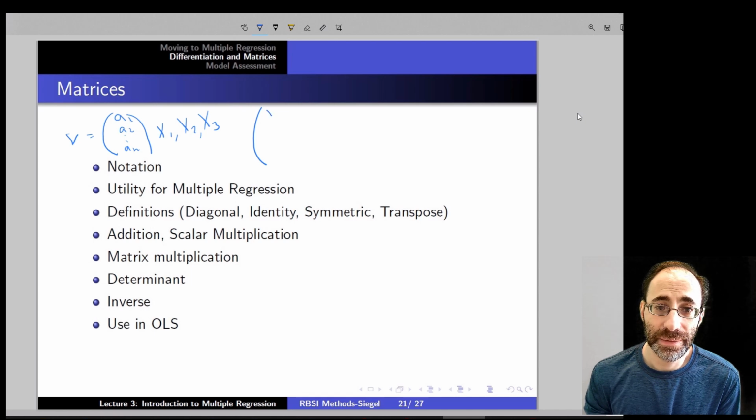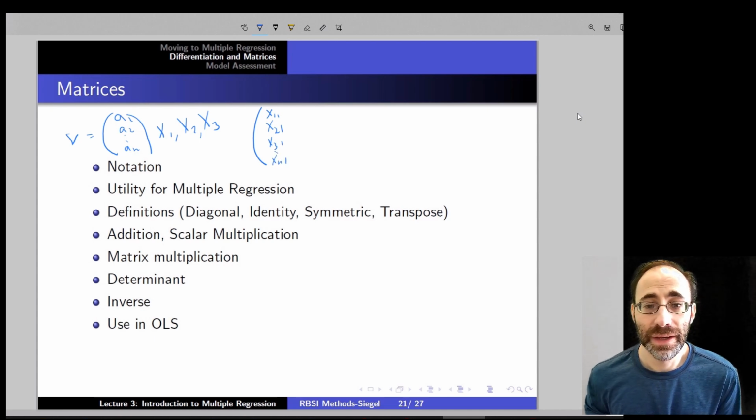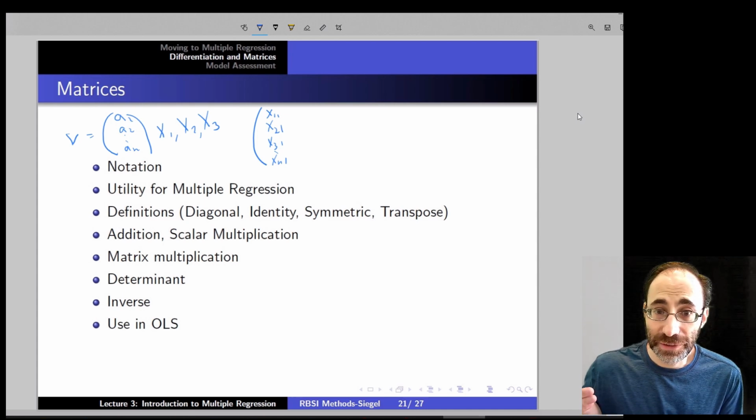So let's say x1: this is the first data point of x1, this is the second data point of x1, this is the third data point of x1, and so on down to the nth data point of x1. So we have here the same vectors as before.